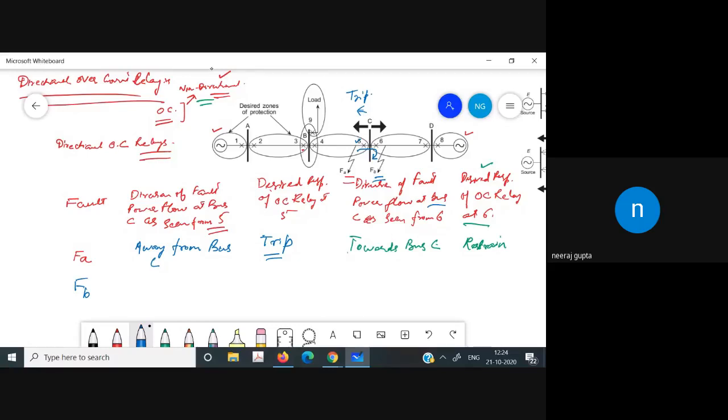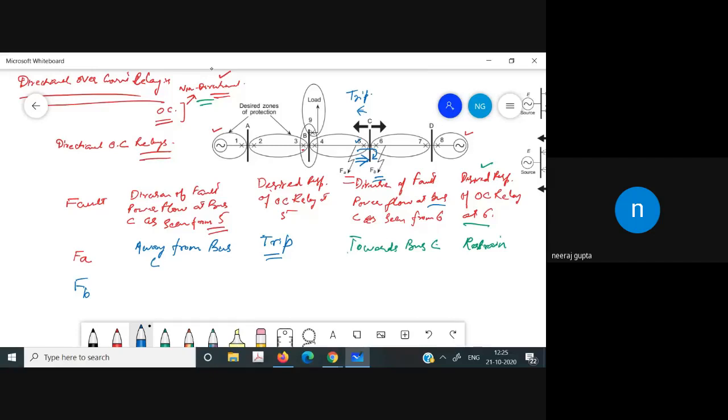What happens? It means the power is feeding the fault, and the power is moving towards the bus. When the power is moving towards the bus, in that very case, it should not trip because the desired zones would not be created.